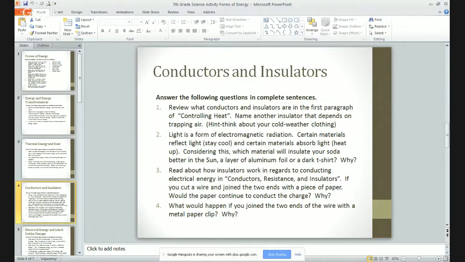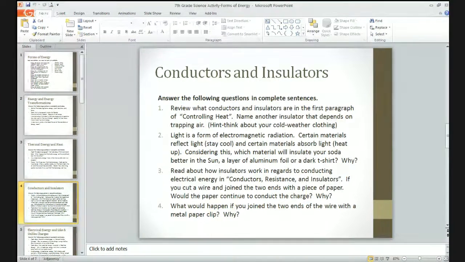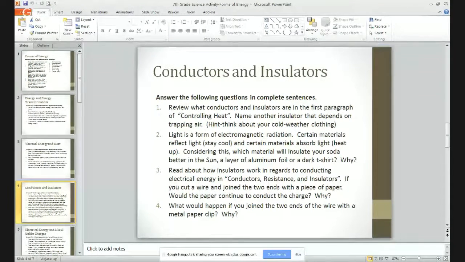So considering this, which material will insulate your soda better in the sun? A layer of aluminum foil or a dark t-shirt, and why? Hopefully you picked the aluminum foil because it's going to reflect the light. The dark t-shirt is going to absorb it and then warm it up faster. Now, will your soda still heat up even with the aluminum foil? Yes, because of the transfer of the energy around it.